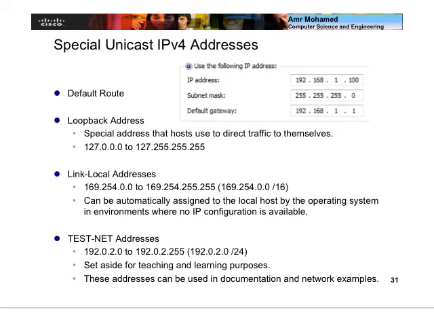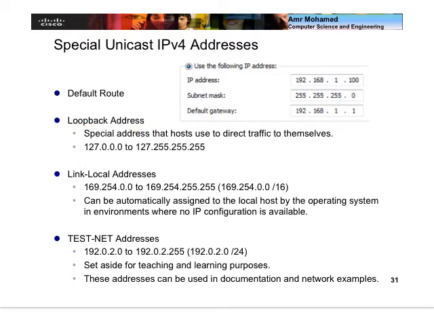It takes any IP address. Usually it takes the first host address in the network. So if your network is, for example, 192.168.1.0, this is your network, then 1 will be the default route. Usually that's how it's assigned. However, it does not have a fixed IP address.